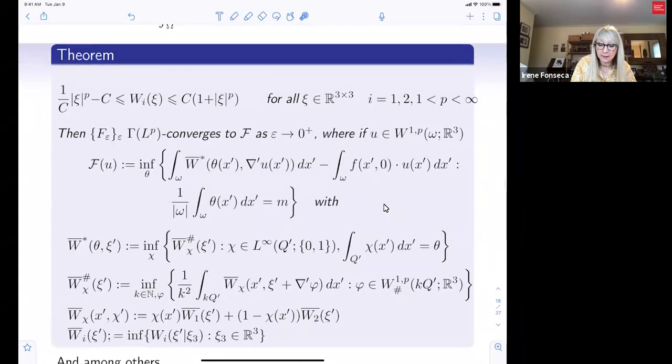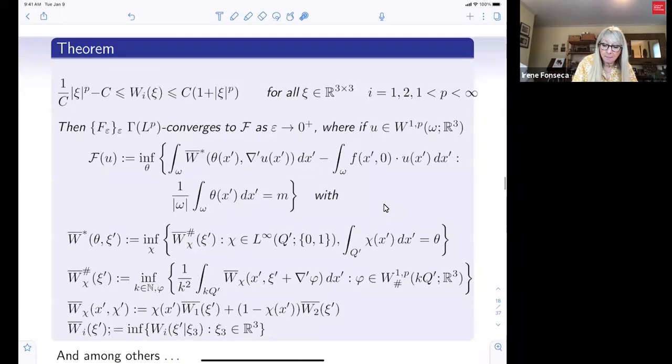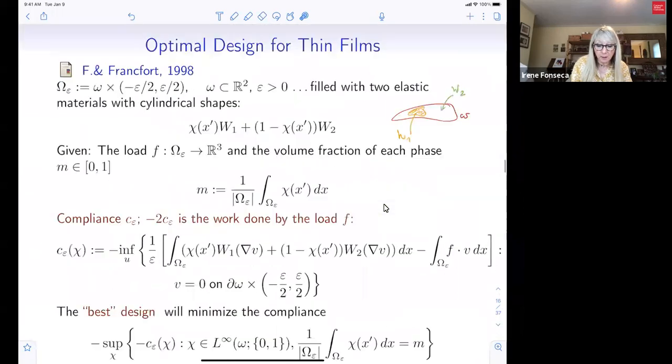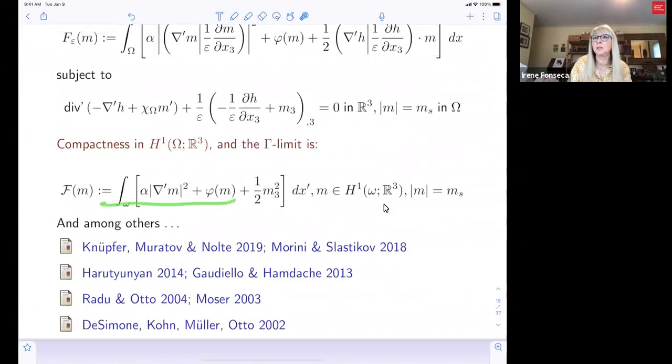I should also say that at the end of the day, you still have an inf problem, because you still have an inf over all possible thetas that do this for you, right? While before, the gamma limit, there was no inf. You end up with an energy of something, right? So say for example, in the case of micromagnetics, there are no infs here, right?